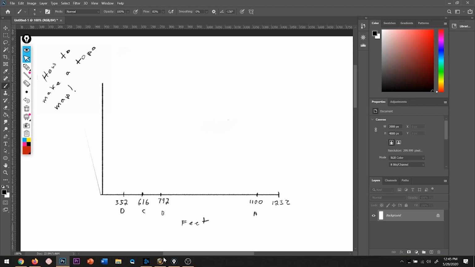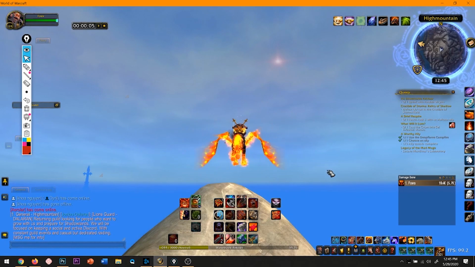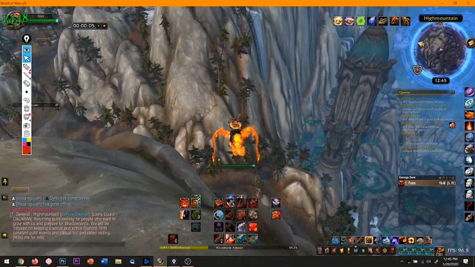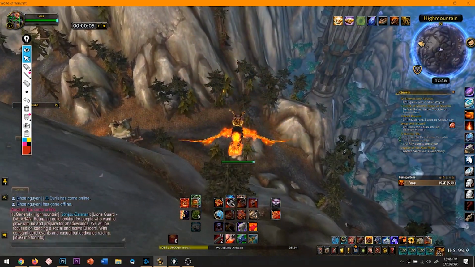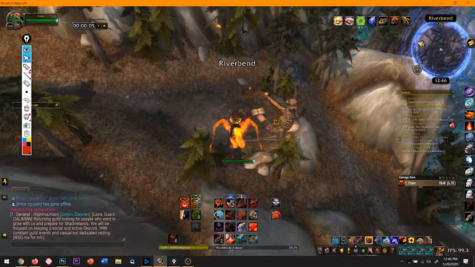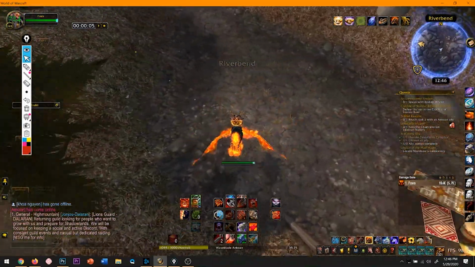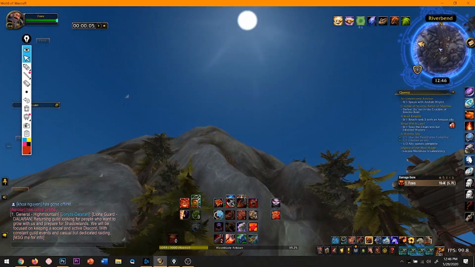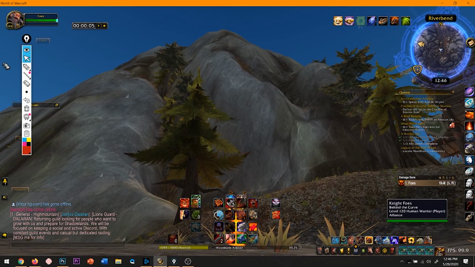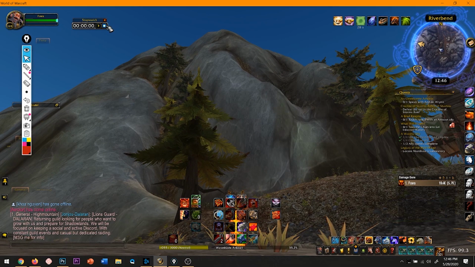Let's see what we can do about measuring the height. So what I'll do is I'll fly down. Look way up there at the top. Now all we're going to do is time this till we get kind of even.